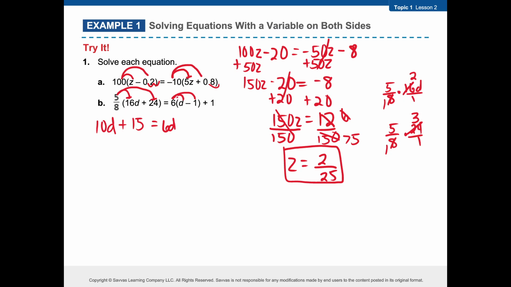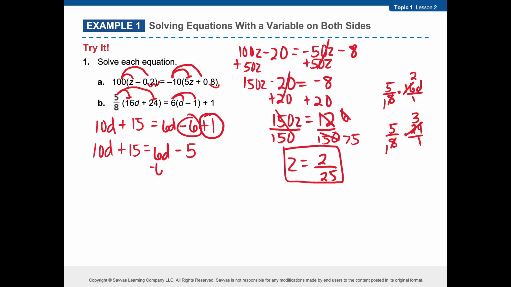distributive property over here. 6 times d, 6d, 6 times a negative 1, negative 6 plus 1. Bring this down because I have like terms on the right side. Different signs, subtract. Sign goes with the bigger number, so that becomes a negative 5.